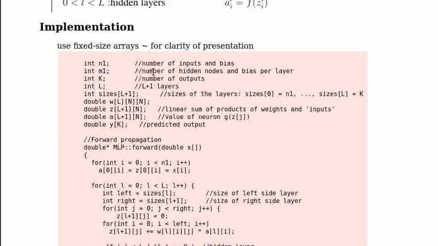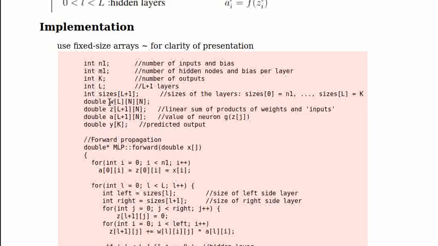M1 is the number of hidden nodes plus bias, or M plus 1. K is the number of outputs. We have L plus 1 layers, or between them L sets of weights. And this array sizes, of size L plus 1, contains the sizes of the layers. For example, sizes 0 is N1, sizes 1 is M1, and sizes L is K.